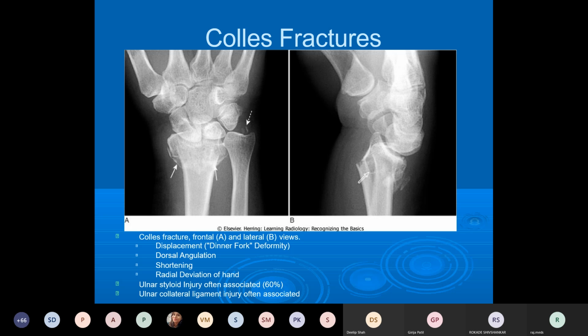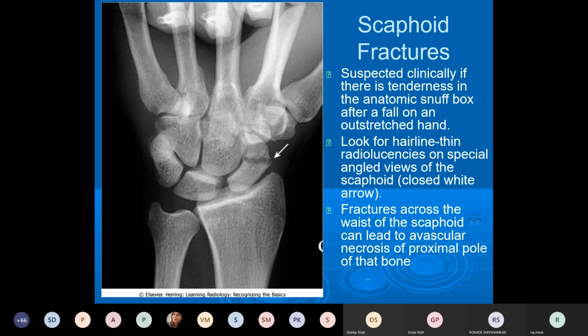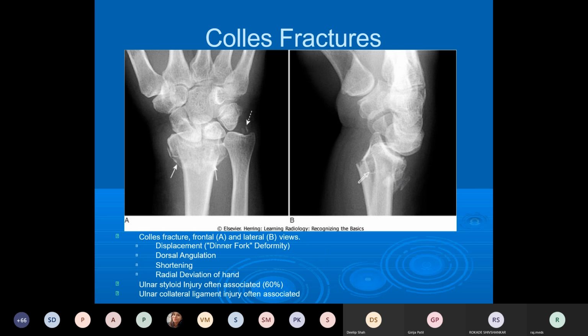There is dorsal angulation of the fracture line, shortening, and radial deviation of the hand. So these are the four points we have to look for in case of a Colles fracture.